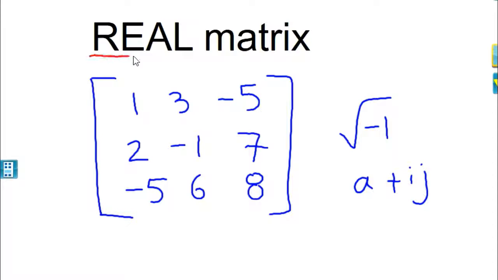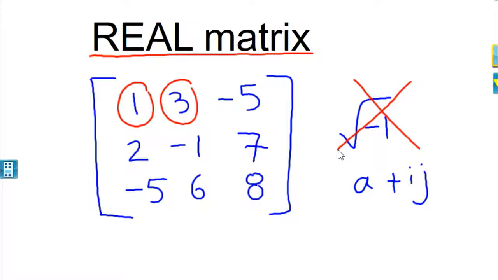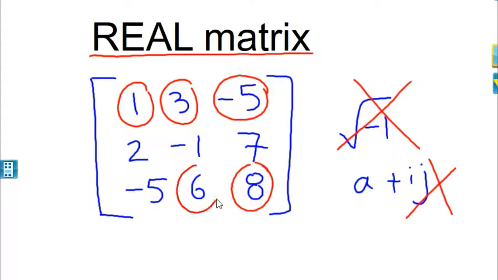A real matrix is a matrix whose elements consist entirely of real numbers. They do not contain any imaginary or complex numbers. All elements are real.